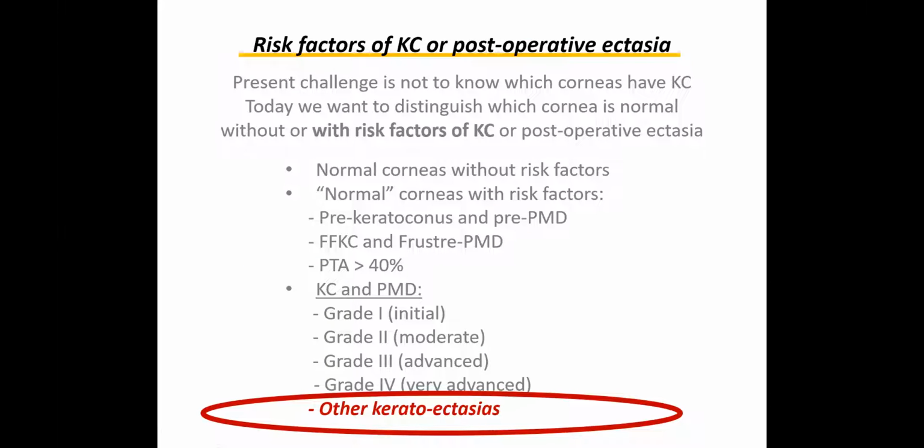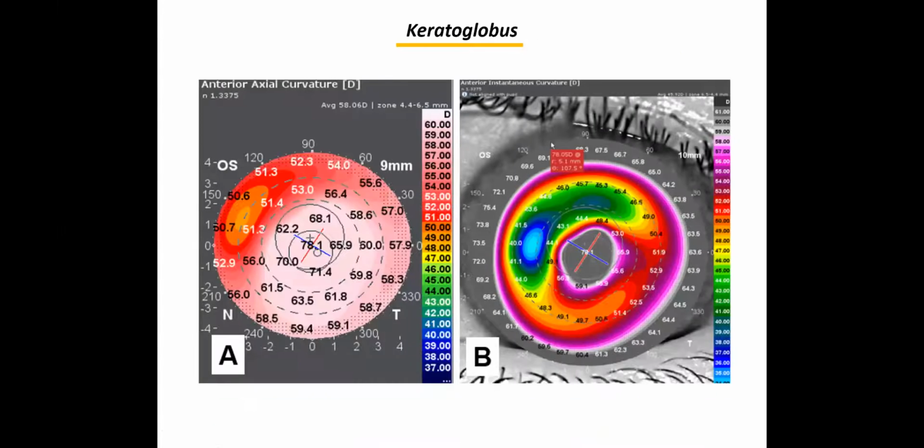So, do we have other kinds of keratoectasias? And we are finishing in a few minutes, okay? Yes, we have. And let's see them. This is keratoglobus. It's a completely steeper cornea. And you can see this with the new tangential map, okay?